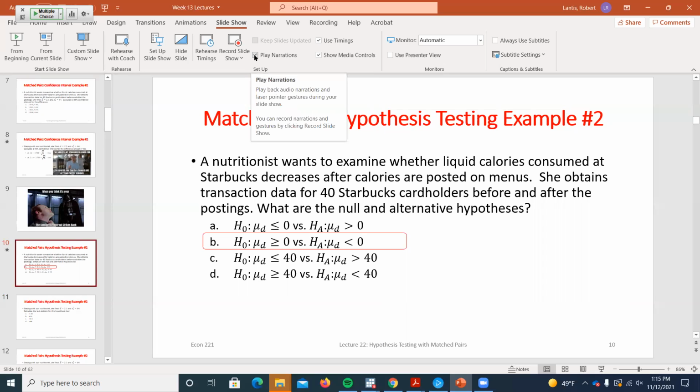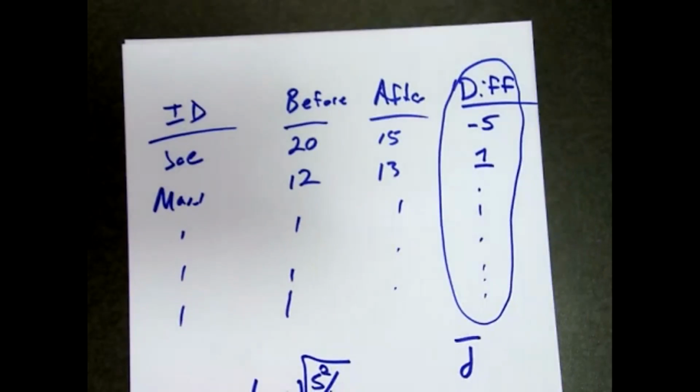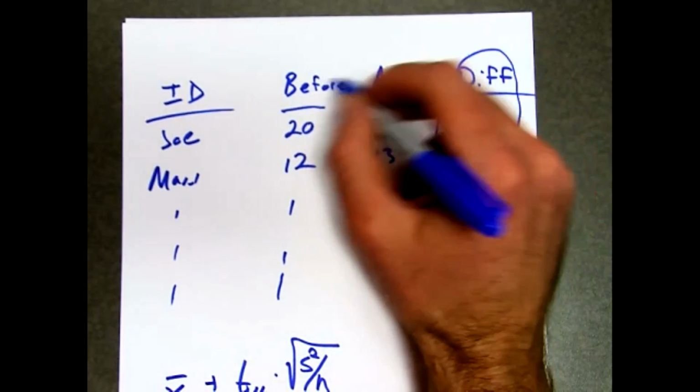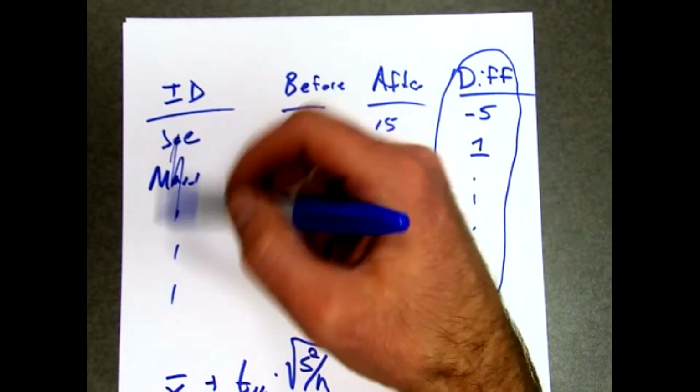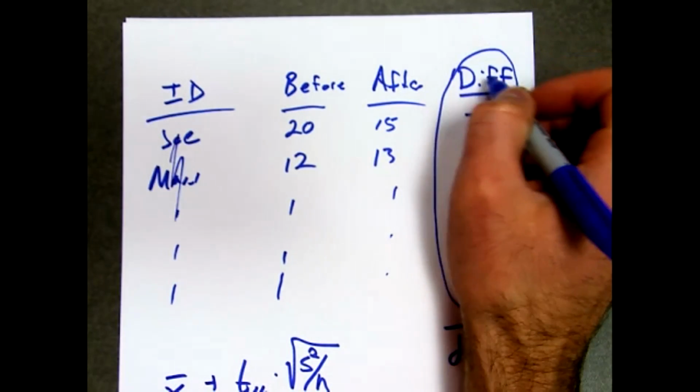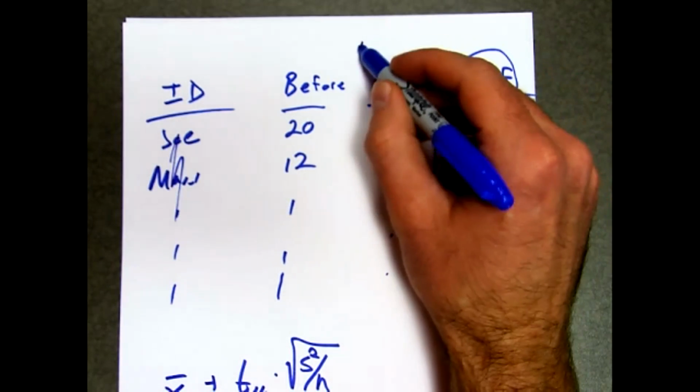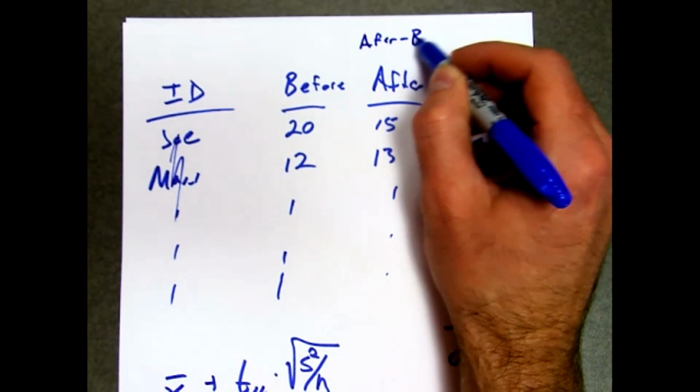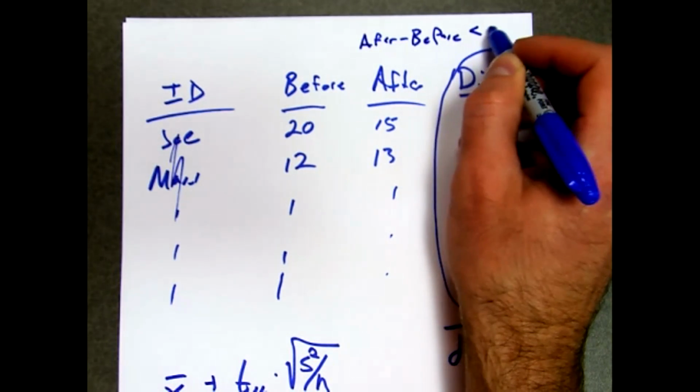Well, if we're thinking about whether they have decreased, what we're thinking about is that difference. Remember, this difference could be before and after calorie consumption, so we've got different Starbucks card holders. The only way that it's decreased is if the after minus before is less than 0.